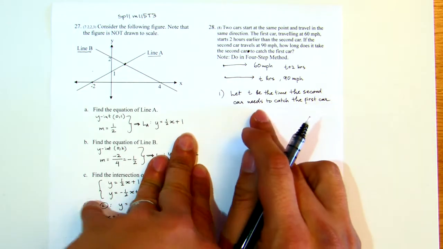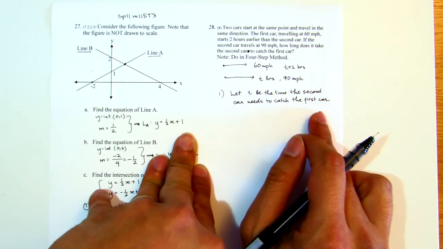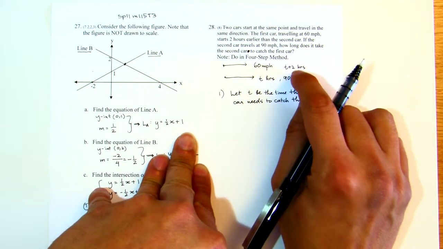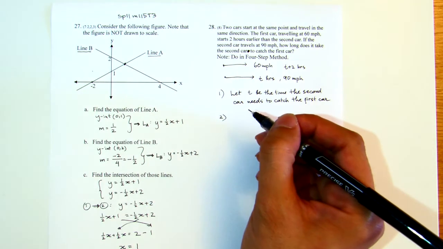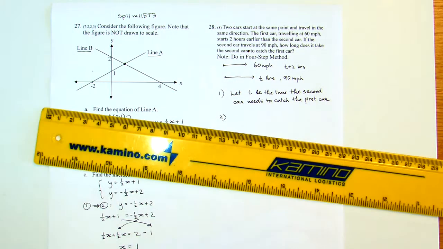Okay, now that implies the first car at that time has been traveling for 2 hours more than t, which is t plus 2. Now, the second thing we will do, we will try to do the table.